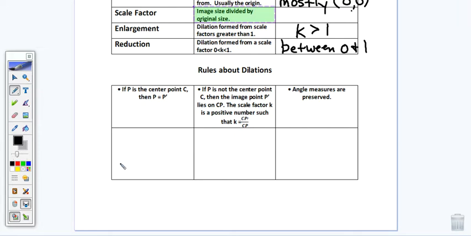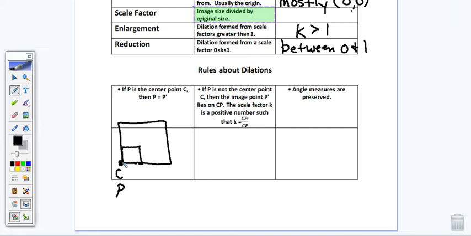Let's say we're going to dilate this square, and this is really saying this point C, if this was also point P, if I made this bigger from this point, it kind of looks like this, okay?